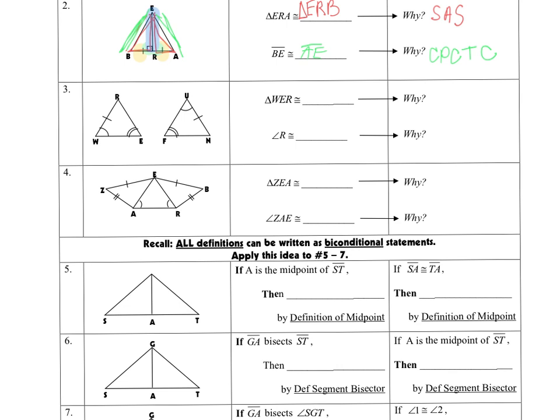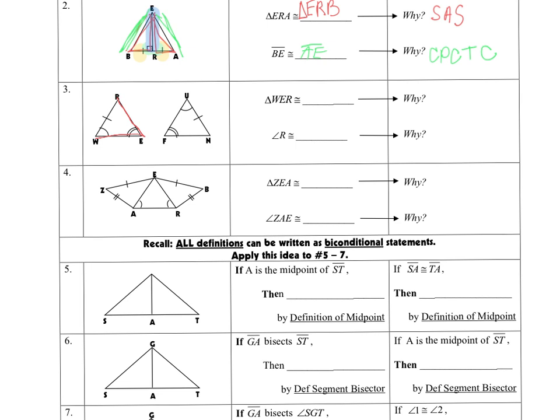All right, moving along, if we look at number 3, we have triangle WER, and we really have to make sure how we're moving here.